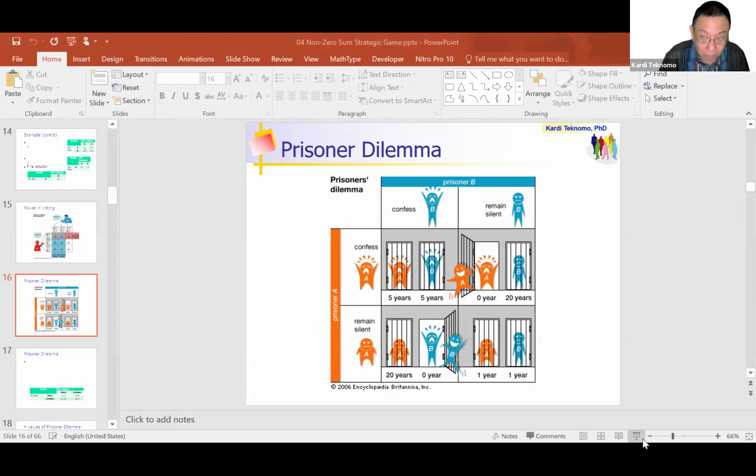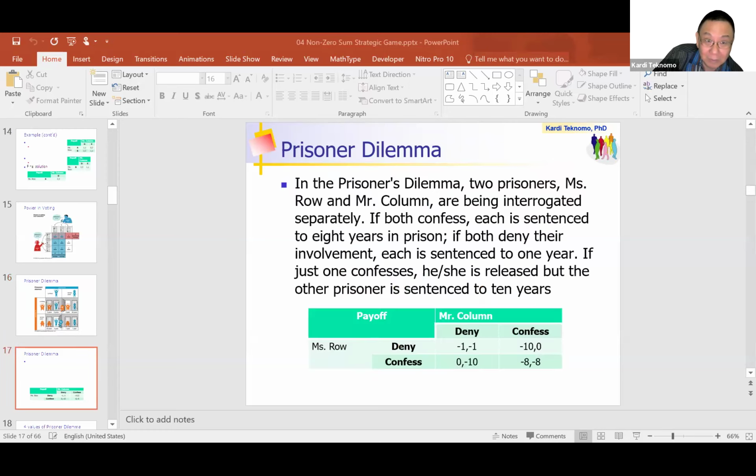This is the prisoner's dilemma game. Last week we played this several rounds.